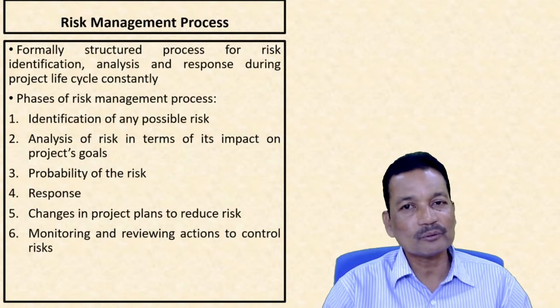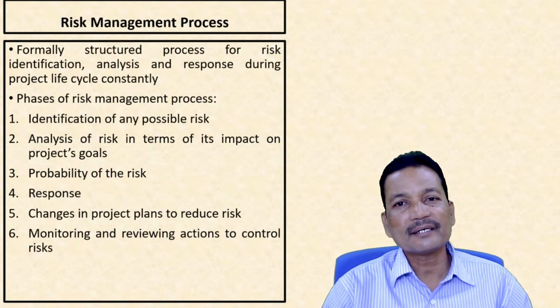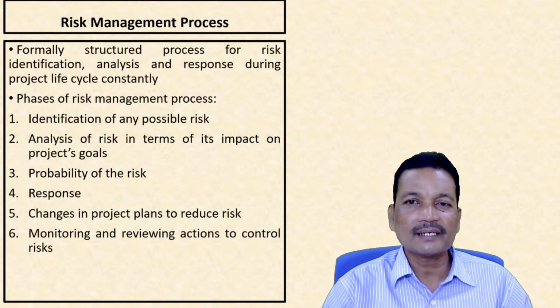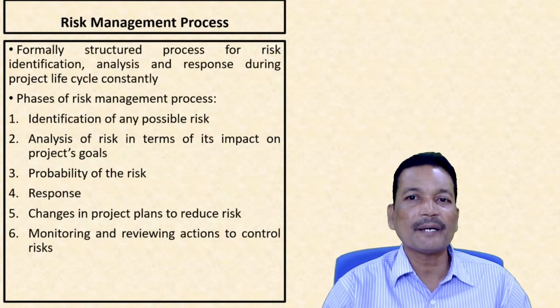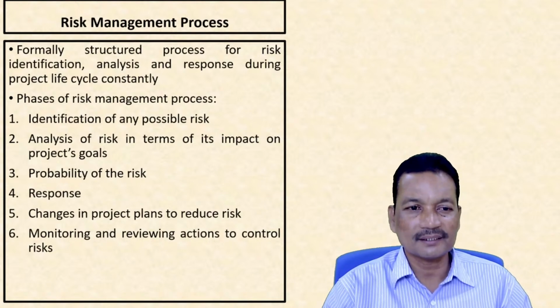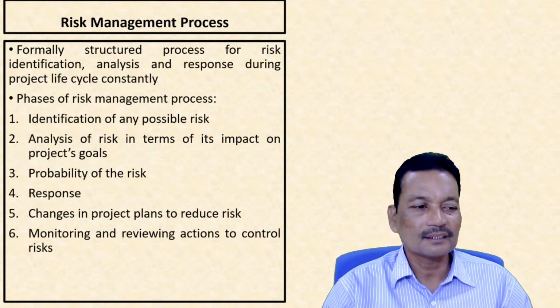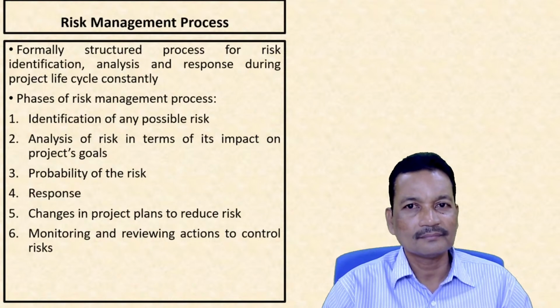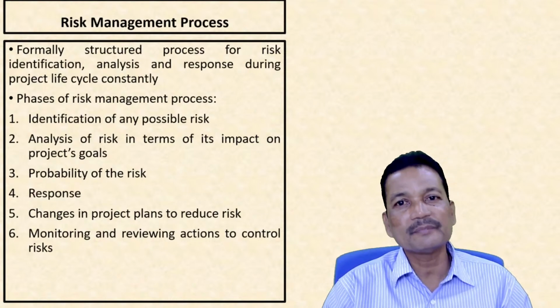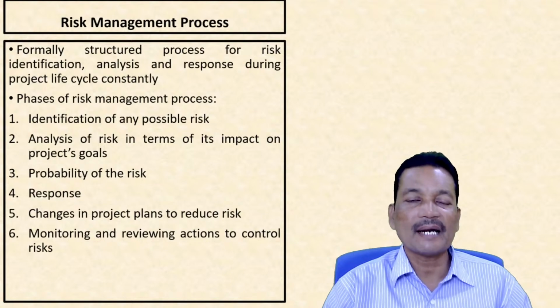In our example, we saw that in rainy season, the impact of getting rain on a particular day is very high as compared to the summer season. So according to circumstance, what is the probability of the risk? How do we respond if the risk is having a bad impact?